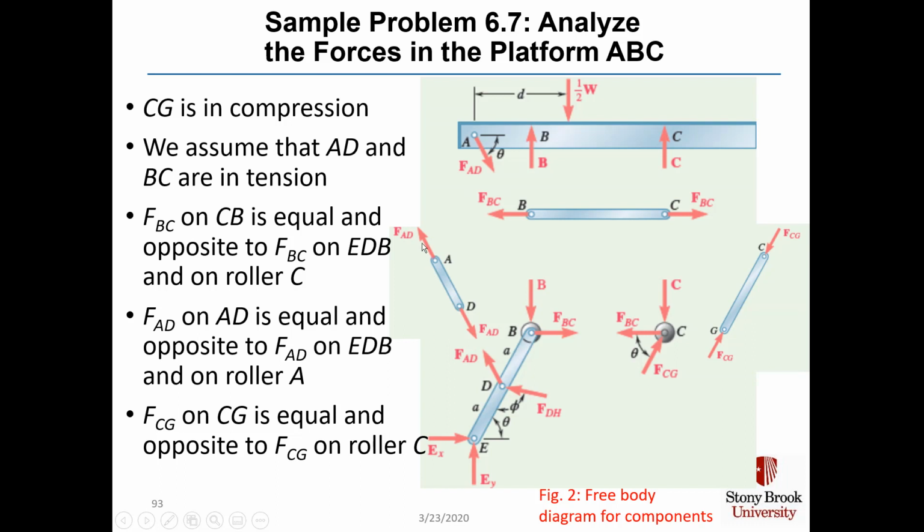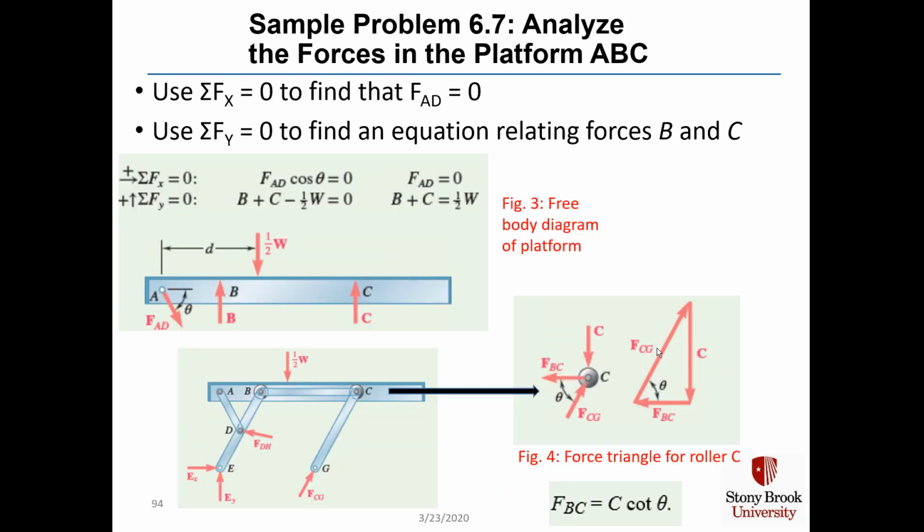And it's also equal and opposite to force F sub AD, which is acting on roller A. And F sub CG on member CG, which is shown here, is equal and opposite to F sub CG on roller C. We can sum forces in the x direction on our platform and quickly find that F sub AD is 0 because there are no external horizontal forces.